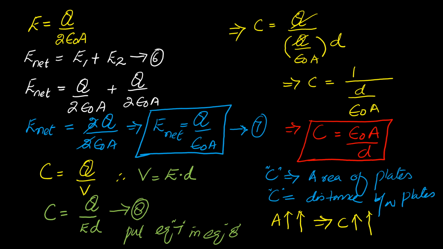And if the distance d between the two parallel plates is more, then the capacitance will be less. This means that capacitance is directly proportional to the area of the plate and inversely proportional to the distance between the plates. Greater the distance, lesser the capacitance, and lesser the distance, greater the value of capacitance.